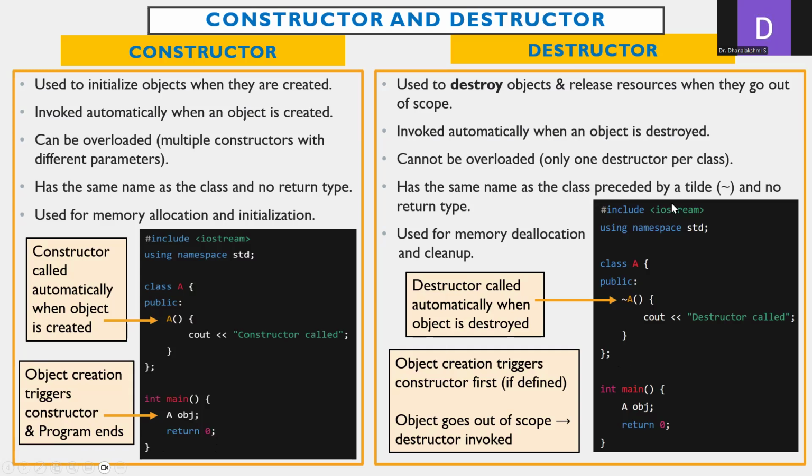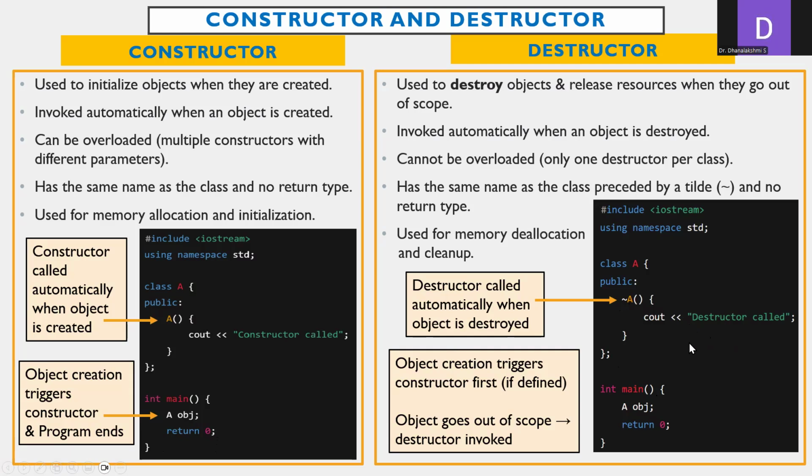Coming to the destructor side, the one difference is the tilde symbol. When the program reaches the end of the main function, the object obj goes out of scope. At that moment, the destructor function is called and therefore it prints "destructor called".